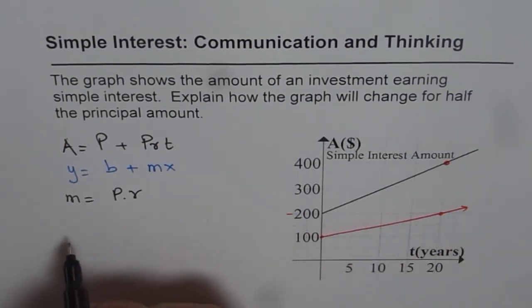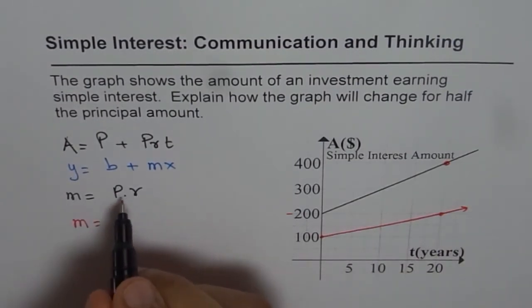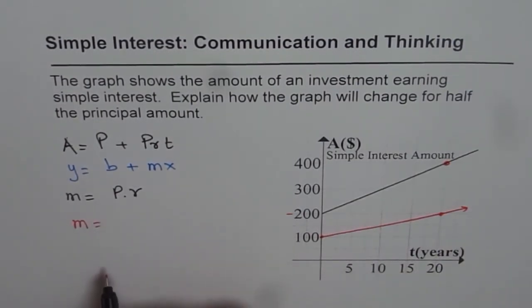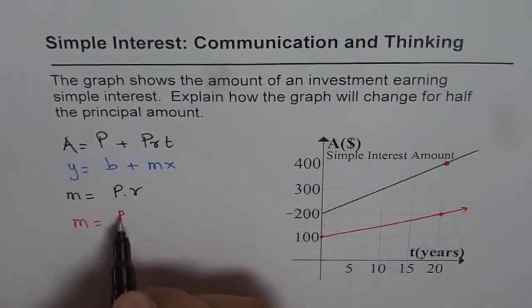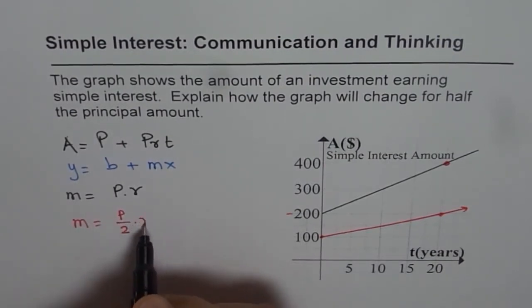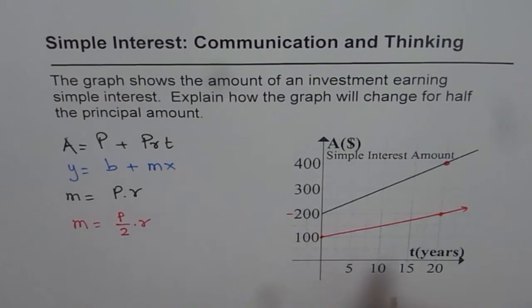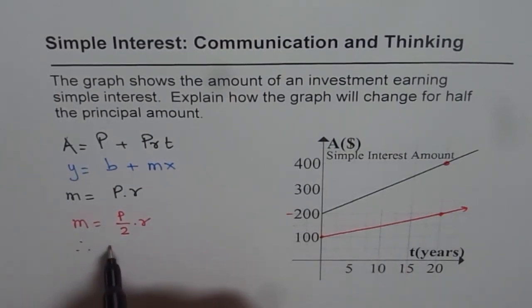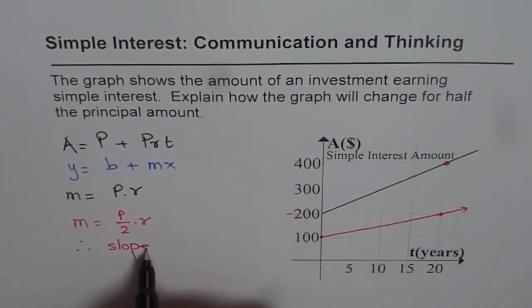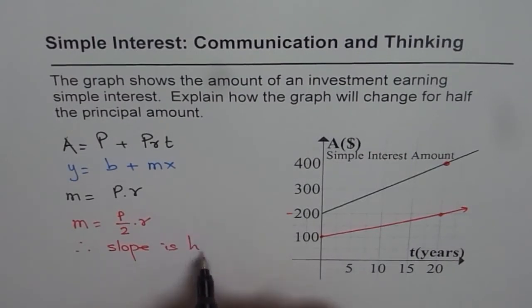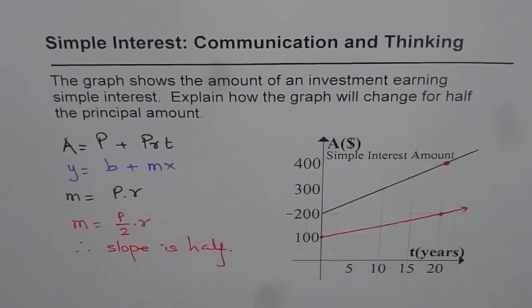Since now, what is the slope? For the same rate of interest, our principal is not P but P by 2. Do you see that? And therefore the slope is half of the original, right? That is very important to understand.